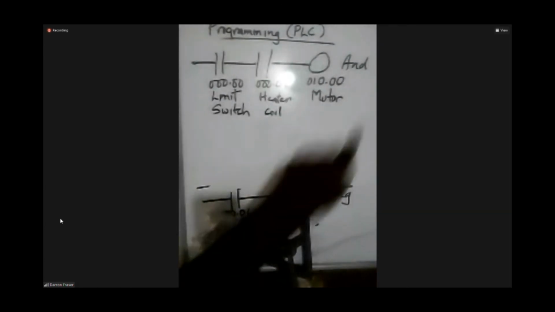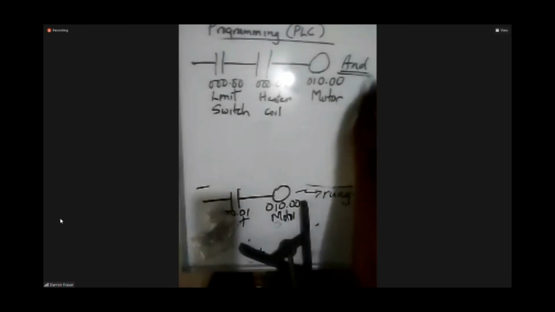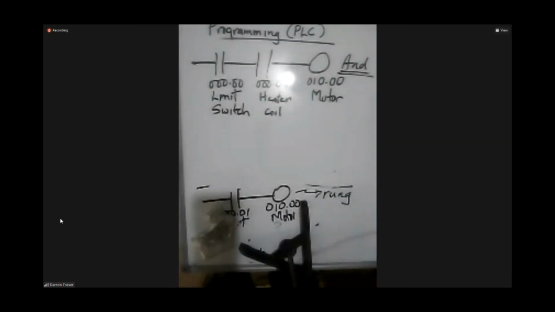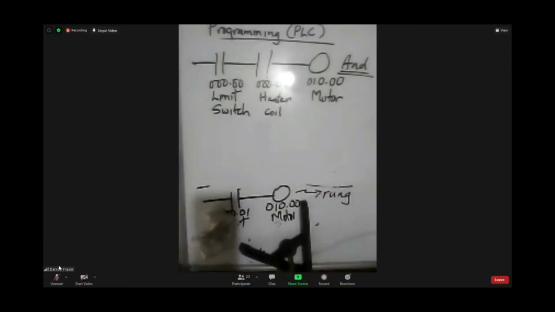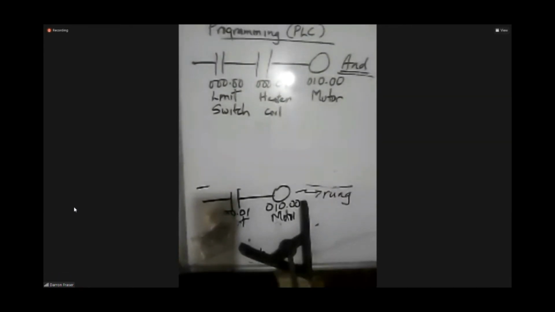The AND construct now is saying, all right, somebody explain what that is saying to me, if you understand. Let me see if the class understands what this is. You can't say what kind of coil.